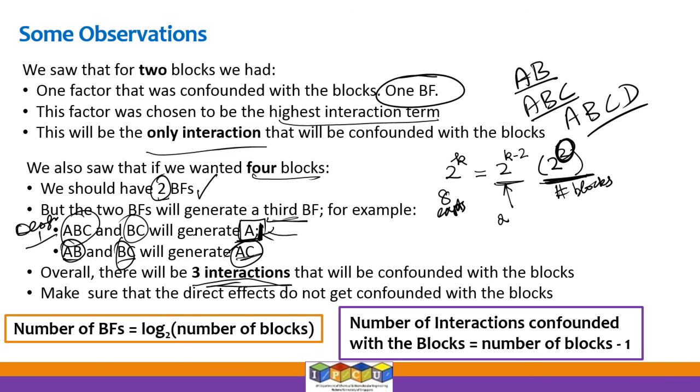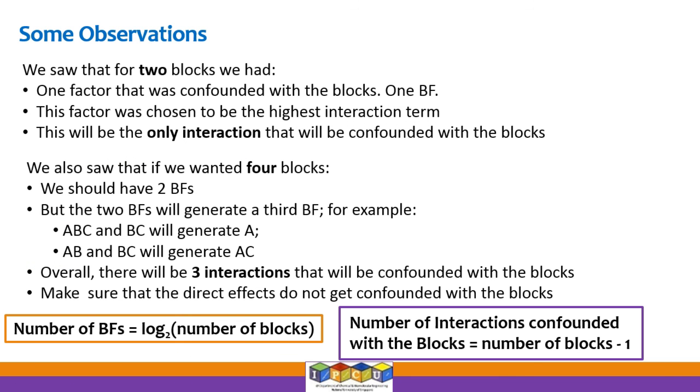So in the first case, if you went with design one, these are the three interactions: ABC, BC, and A. These three interactions, so to say, will be confounded with the skill levels, or will be confounded with the blocks, because the blocks are based on the skill levels in our example. So that is the case. In design 2, these three factors will be confounded with the blocks, right?